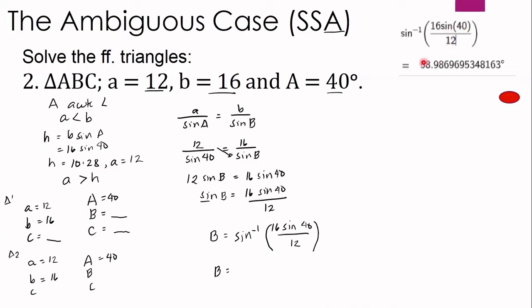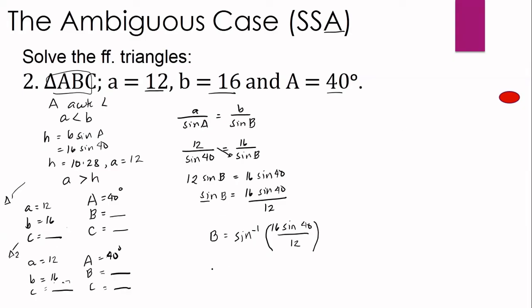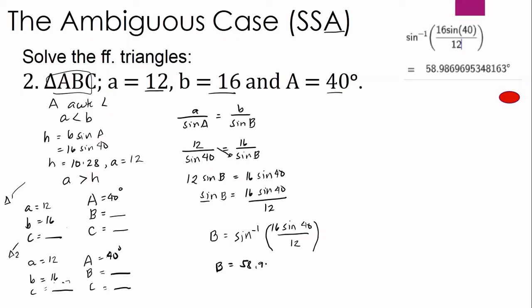I-round off lang natin to the nearest hundredths. So our angle B here, what will be the measure? If we round off, it will be equal to 58.99 degrees. So our angle B in our triangle 1 is 58.99 degrees.